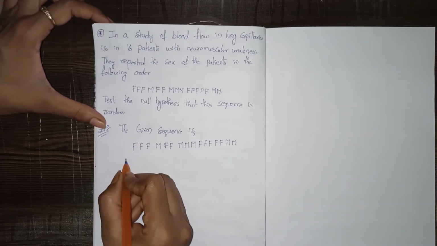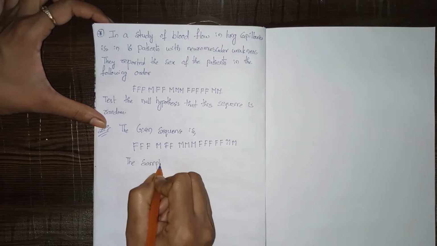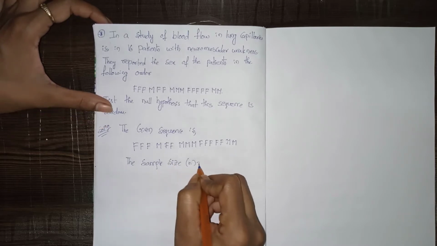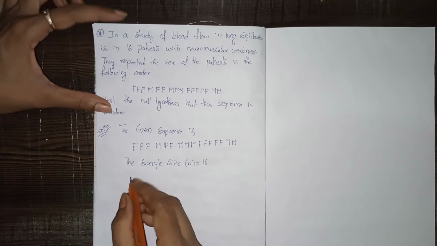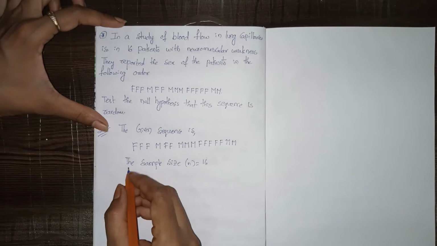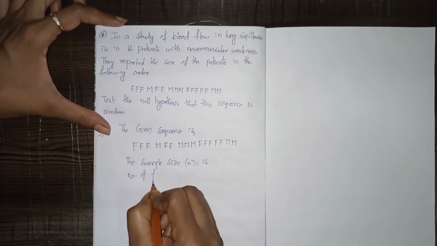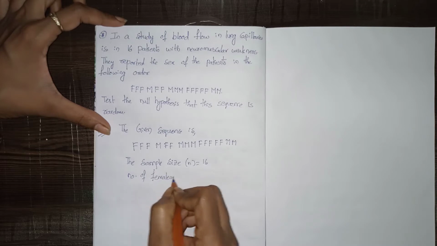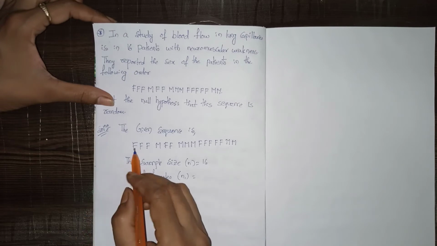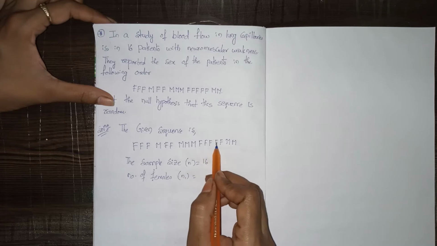So the sample size is denoted with small n. The sample size small n equals 16. The next is the number of females, denoted with n1, that equals, we count 1 2 3 4 5 6 7 8 9 10.